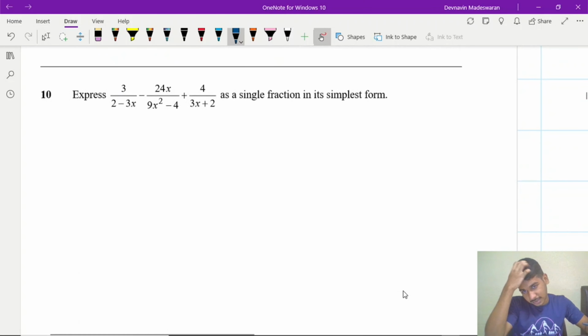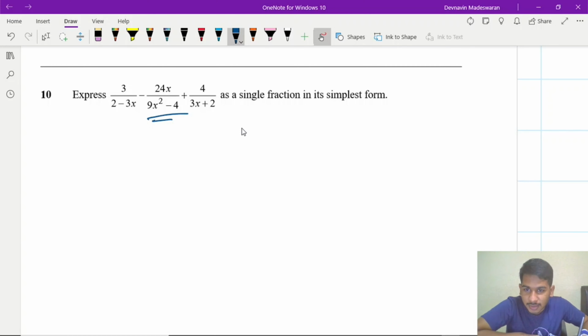Express that as a single fraction. Every time I have an algebraic fraction, I'll factorize it out. Factorizing helps a lot. Here it seems like we can't factorize, but it's actually a difference of squares if you look carefully. 9x squared minus 4 is the same as (3x) squared minus 2 squared.